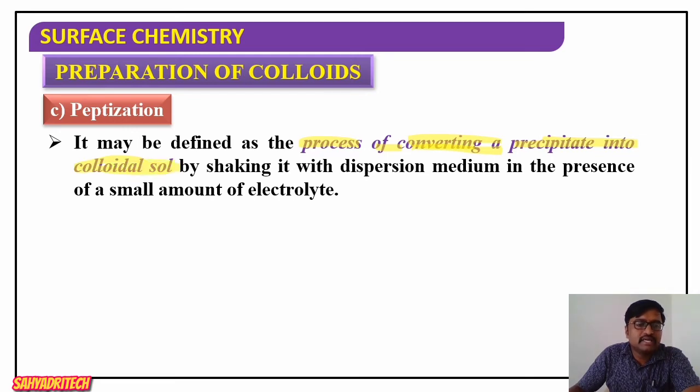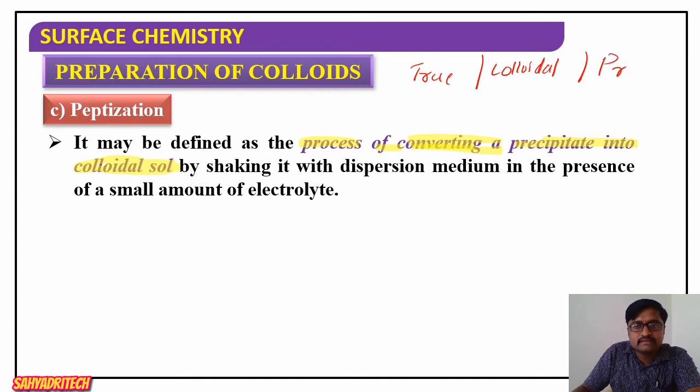So we know that there are three types of mixtures, or you can say solutions. One is true solutions, the second is colloidal solutions, and the third is precipitate, which is also called suspension. What is the basis of this classification?